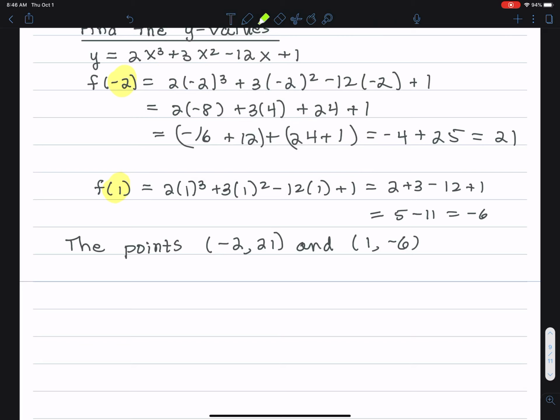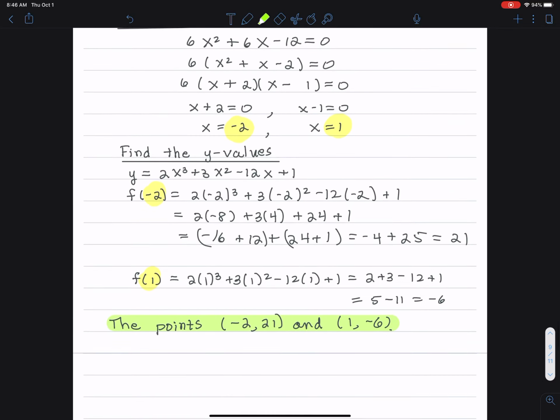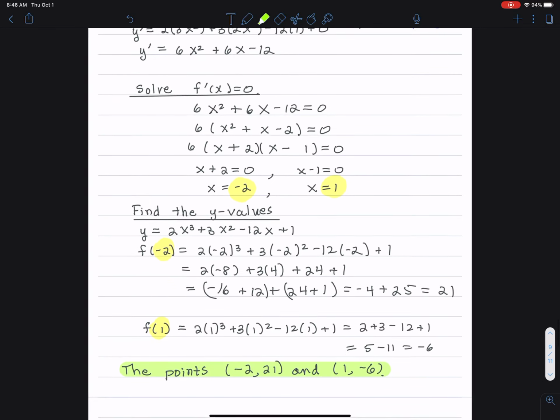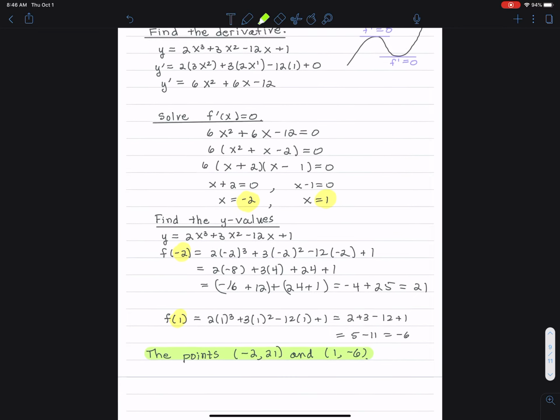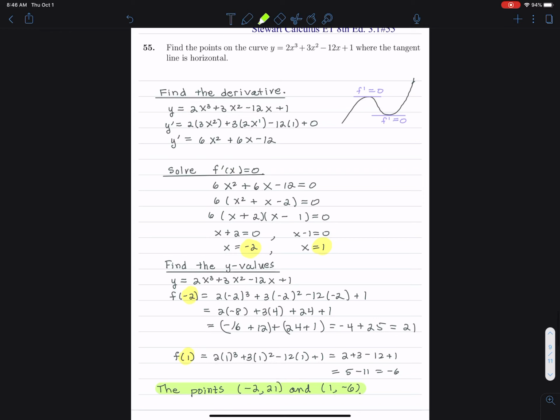So there's a few things I just wanted to talk about before I finish up. One of the things is that these problems don't necessarily go this fast or this precisely, except in this case it did because the derivative is a quadratic, and we can find the zeros of a quadratic.